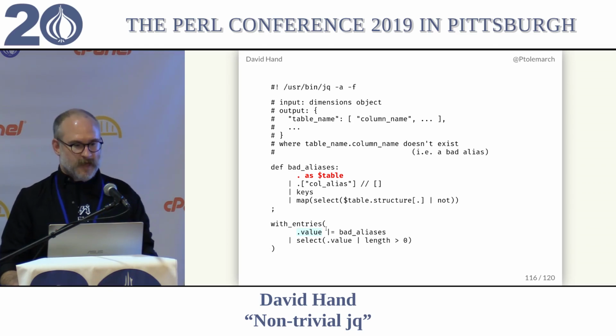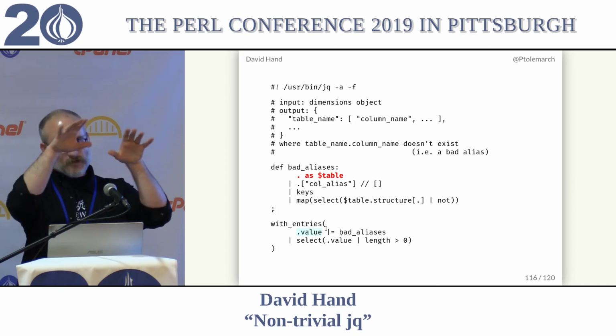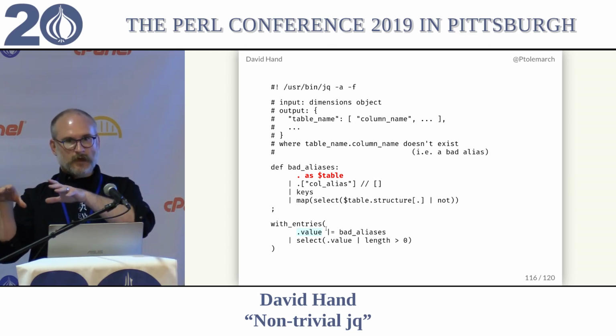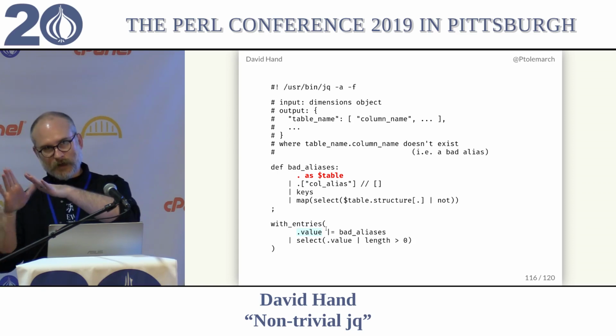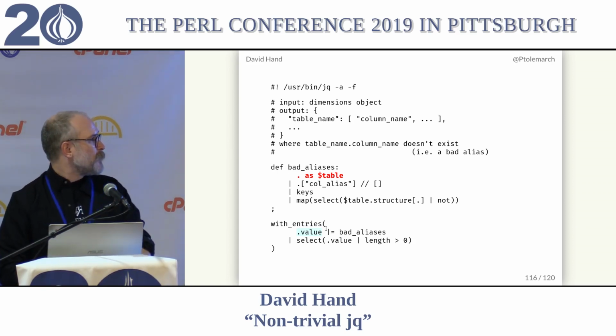table dot structure dot column name. So here I've stashed away the table, and now I'm going into the column aliases, and by the way, if it's not defined, I'm saying just use an empty array.